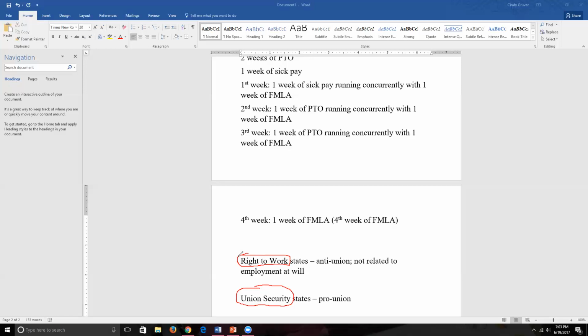And those 40 are now being required to join that union in a union security state, even though they voted against it, even though they don't want the union to be in that facility. And so they can say, well, I don't share the political views of that union, or I don't feel like the union negotiated a very good agreement, so why should I be contributing to its financial well-being?